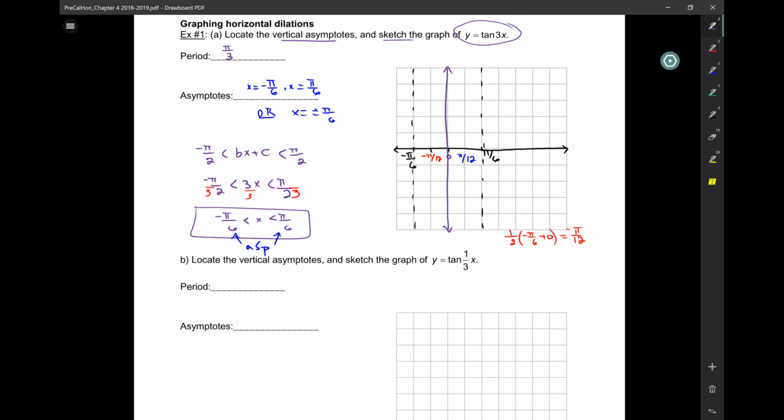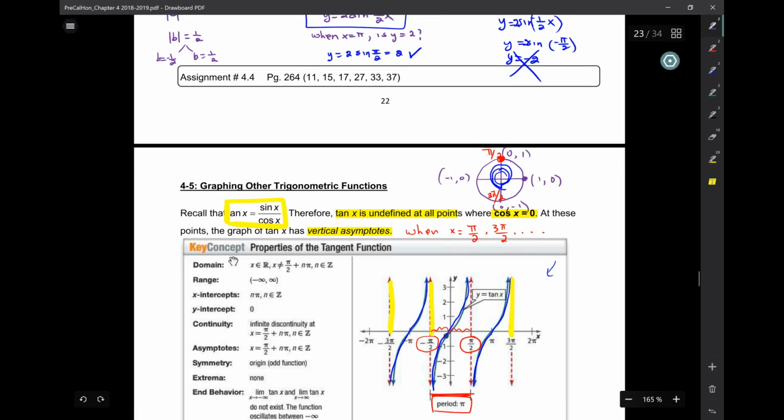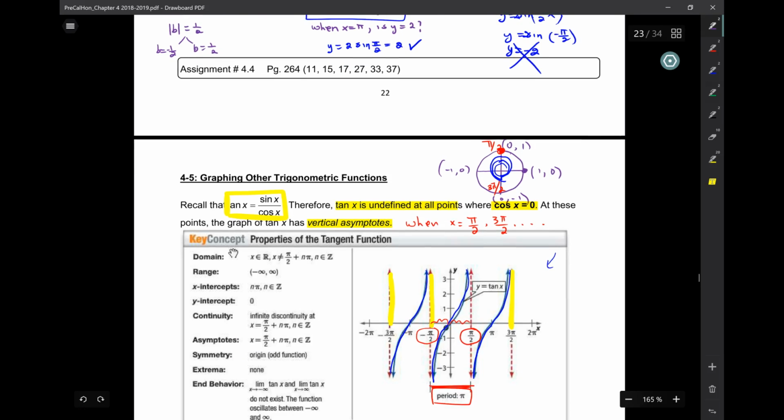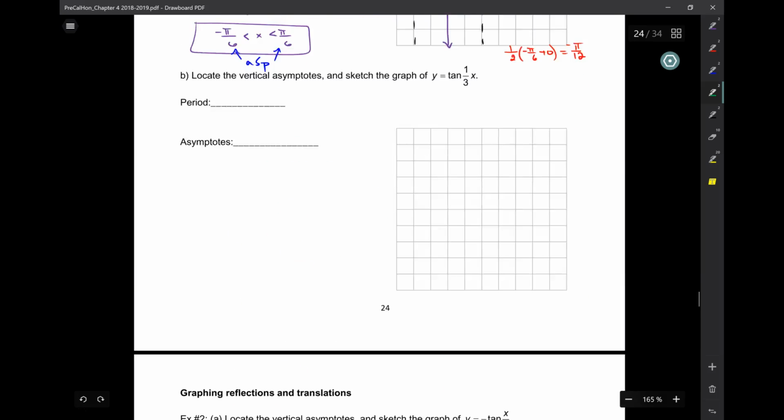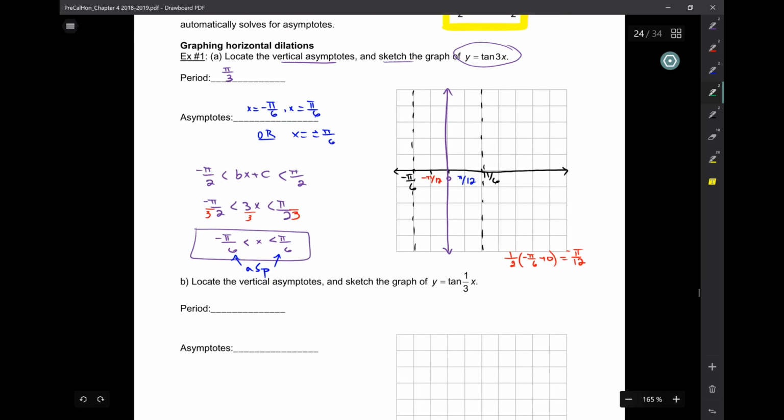Okay, it's one or the other. Let's see. Back here, tangent of 0, this is where 0 is. Tangent is y over x, so 0. So tangent of 0 is always 0.